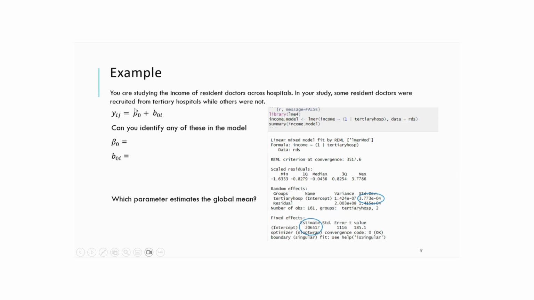So remember, we said that your beta naught is your global mean, it's your intercept. And so this is the giveaway here. So we imagine that doctors on average, let's call this dollars, earn $206,517 per year in the place where you're studying.